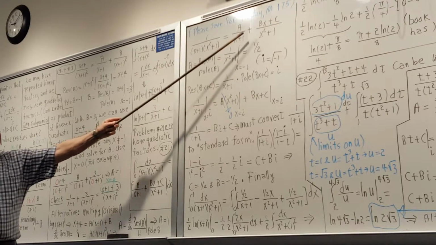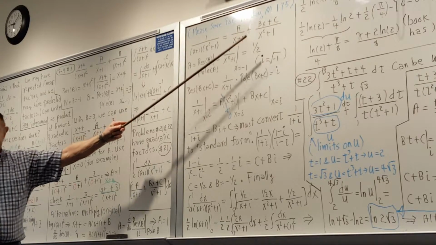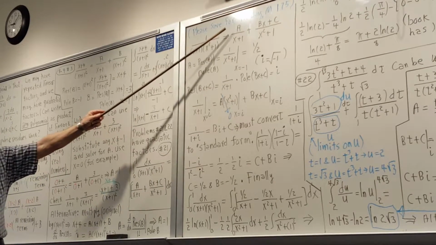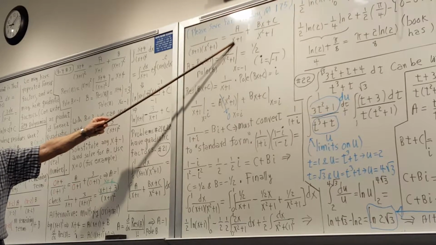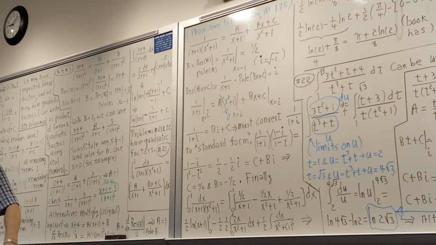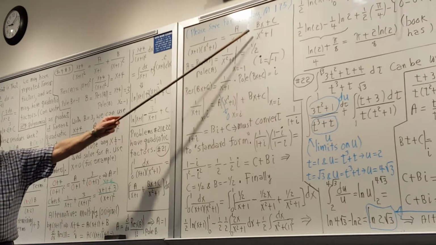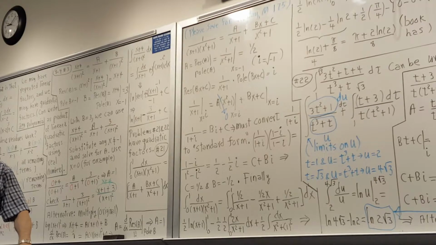Regardless of what you're going to do to get B and C, I would say at least get your A with poles and residues, so that if you are going to solve simultaneous equations for B and C, you're only doing 2 equations and 2 unknowns instead of 3 equations and 3 unknowns.